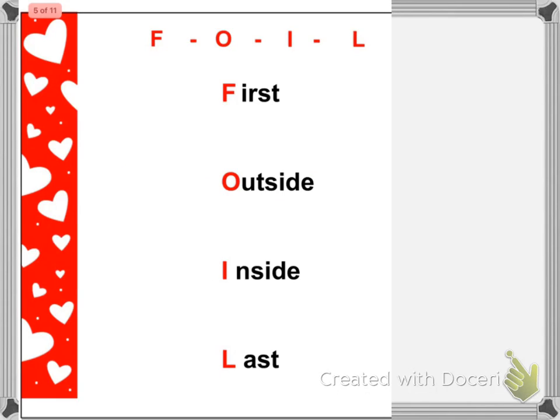We also call this method FOIL, because if you think about the last one we did, x plus 2 and x plus 3. What FOIL stands for is first, outside, inside, last. And that means you take the first terms in each of the parentheses and multiply them. Then you can take the outside terms in each of the parentheses and multiply them.